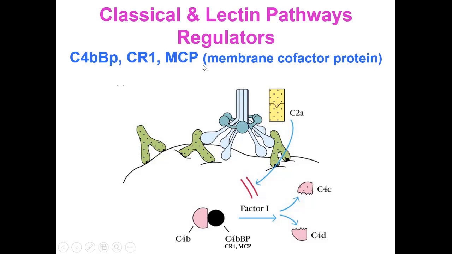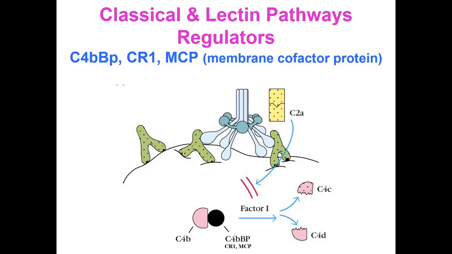These three proteins can regulate the classical and lectin pathways. As you see here, these three proteins bind to C4b and prevent the binding of C2 to C4b, and then prevent the formation of C3 convertase.